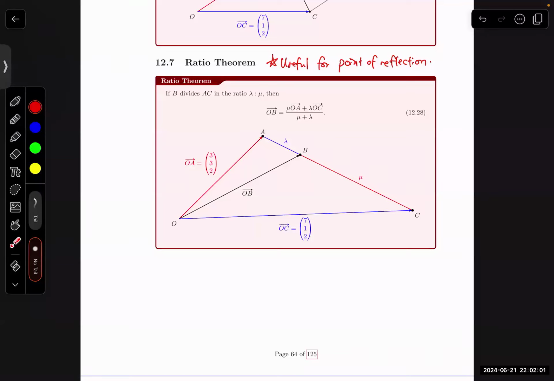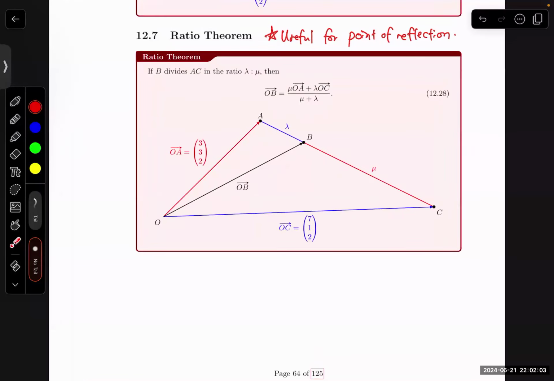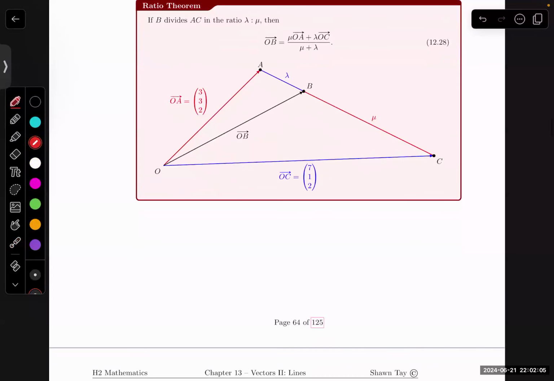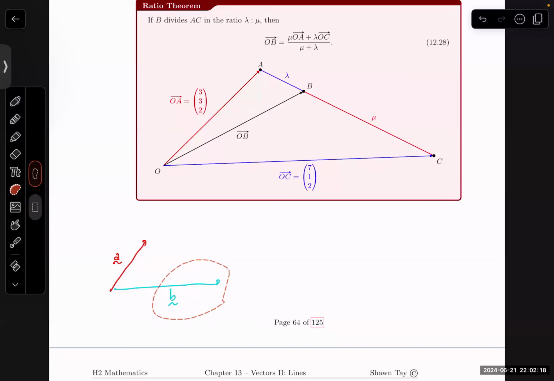For the ratio theorem, draw out this picture. Let's say I have a vector A and a vector B. Remember, vectors are instructions, and instructions can be recycled and copy-pasted somewhere else.